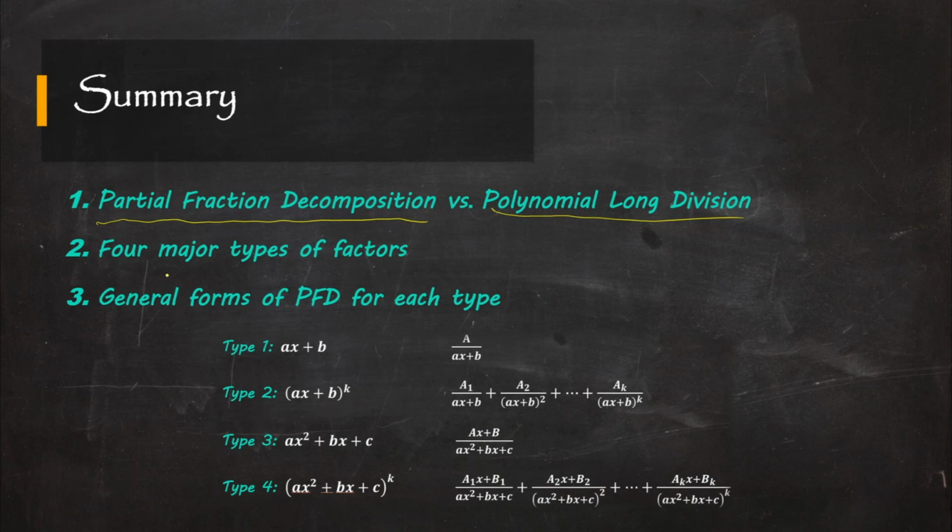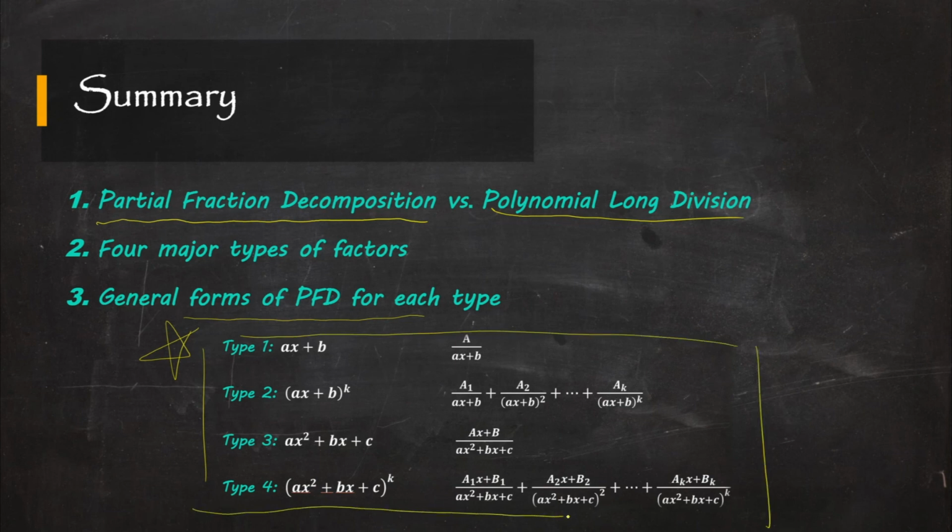And next, we went through the 4 major types of factors, type 1, 2, 3, 4, and also their general forms for each type. So try your best to memorize this table. It's gonna be really helpful if you can memorize it, or let's say if you fully understand this, you will be really, really fast on the exam when you have those problems.